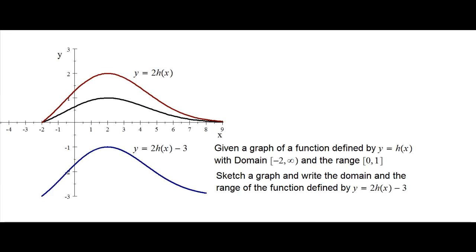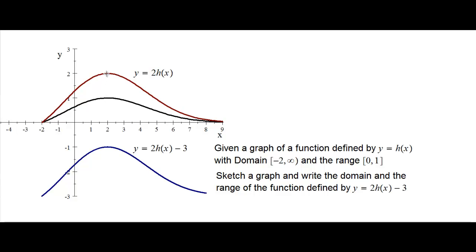Now we have to look at the transformation result obtained by changing the equation to y equals 2h(x) minus 3. So what will happen in that case is this. Let's look at 2h(x). For each x, every y value will be 2 times the y value corresponding to this black graph.